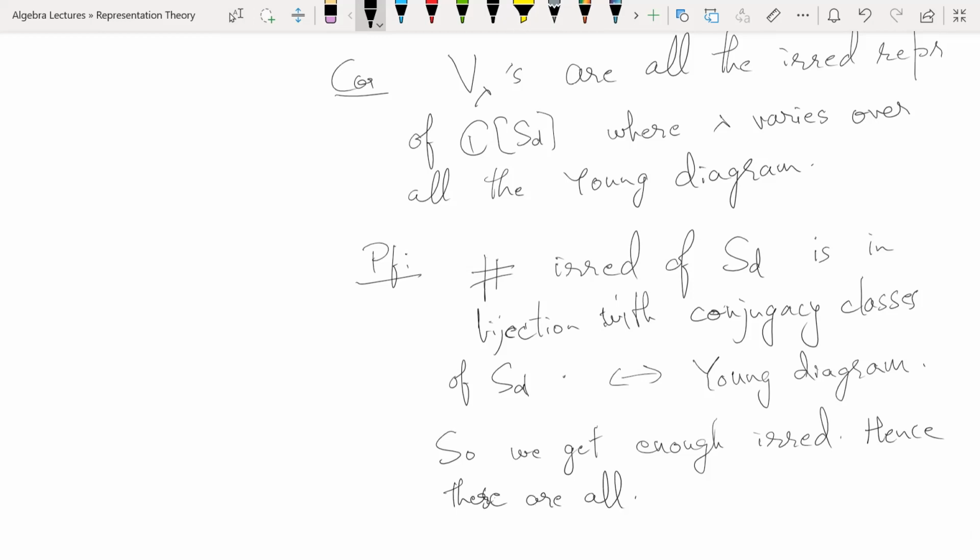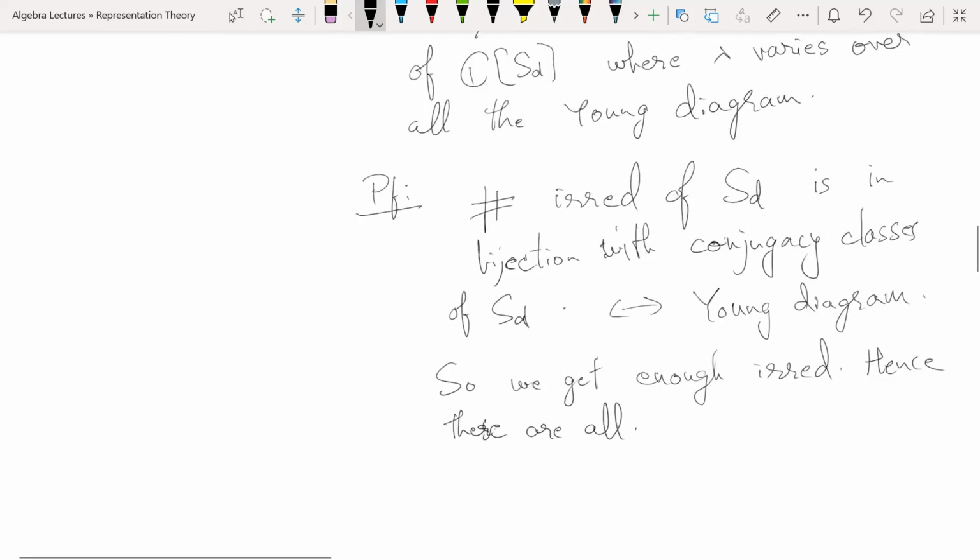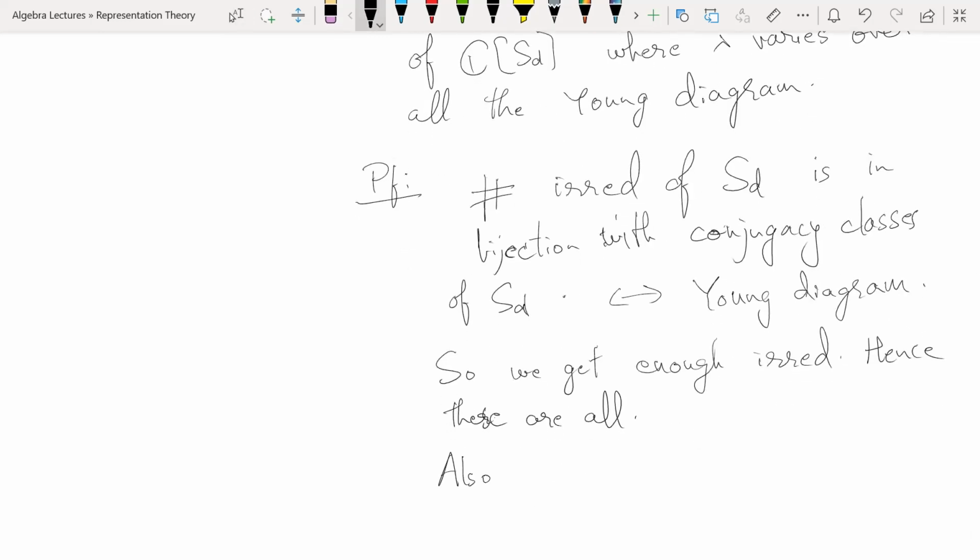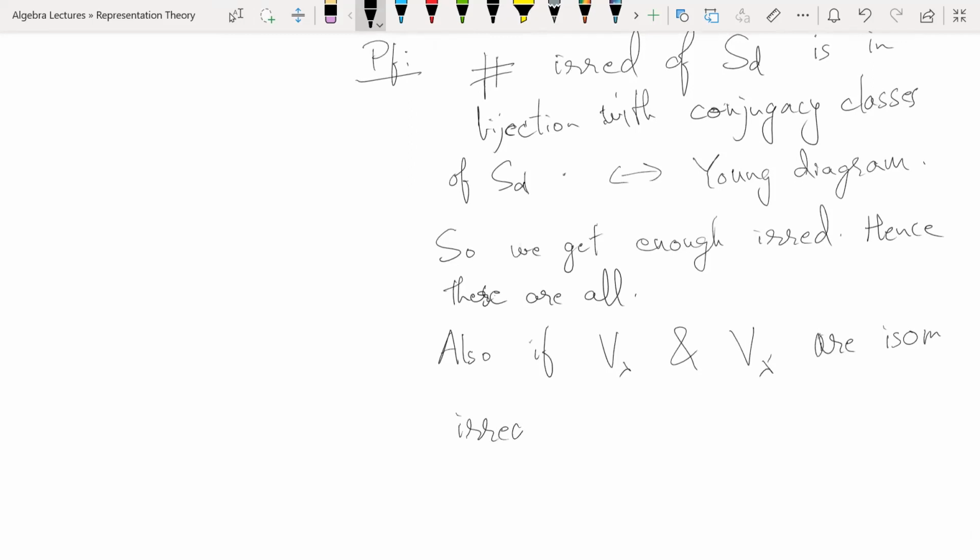So from here you can also deduce that V lambda and V lambda prime are isomorphic irreducible representations if lambda and lambda prime have the same Young diagram, meaning even if the tableau is different, you get an isomorphic representation.